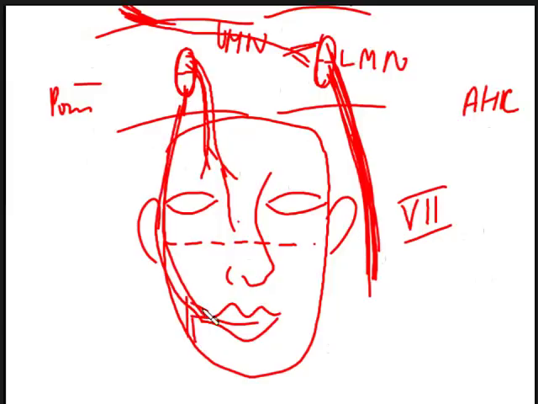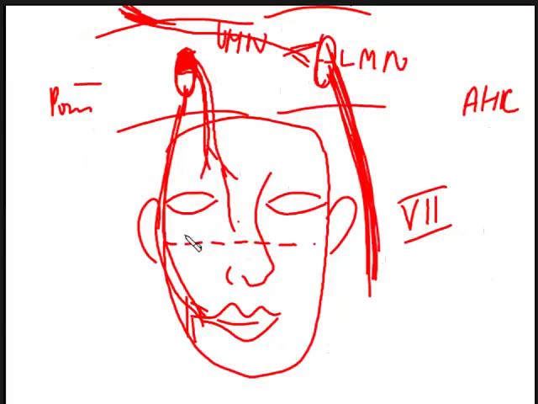So just so that you understand, suppose I was to artificially destroy these cells up here, you will understand that then the upper part of the face on this side is not going to get any nerve supply, so this upper part of the face will be functionless, whereas the lower part of the face will be okay. Instead, if I destroy these and let those be, the lower half of the face will be paralyzed, but the upper half of the face will remain the same. So this is something you should understand.